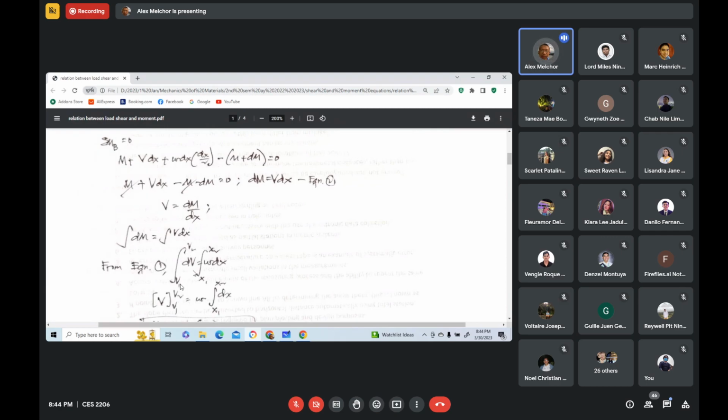This 1 here represents section 1, and this 2 here represents section 2. So from the shear at section 1 to shear at section 2. And here we have these limits from x sub 1 to x sub 2. Because the intensity is constant, you place it outside the integral sign.